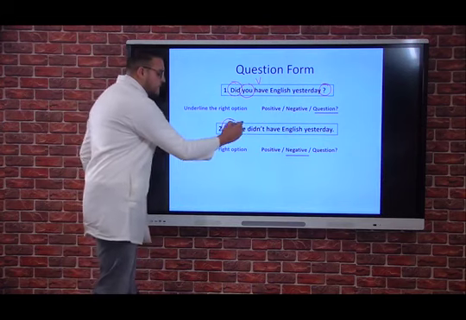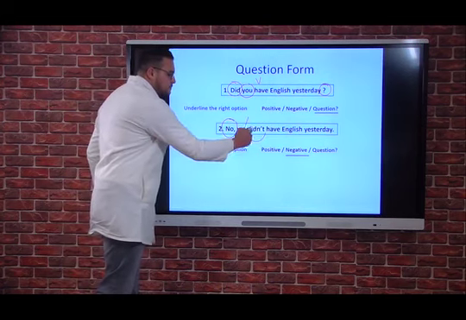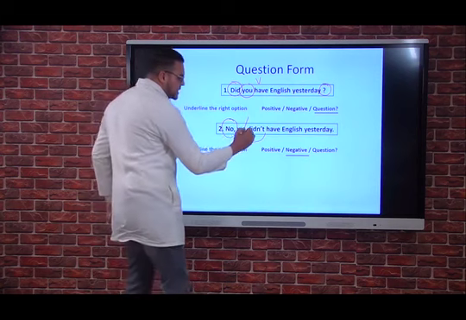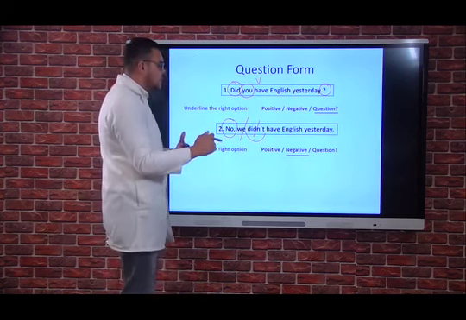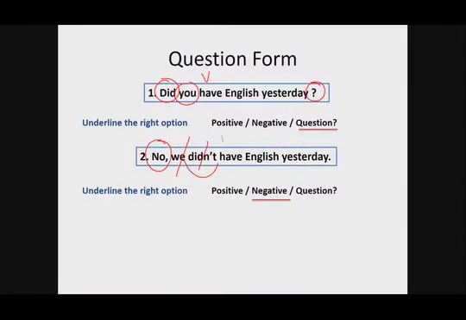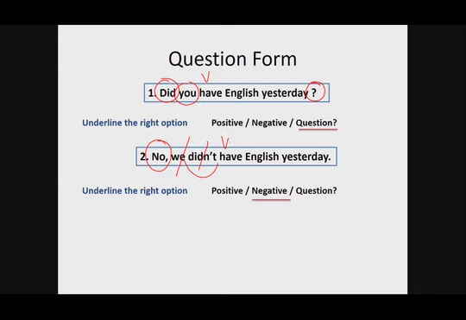So no, subject pronoun plus didn't, which is did not as a long form, didn't as a short form, plus verb, and this verb should be in the infinitive or the base form. English yesterday. Okay?